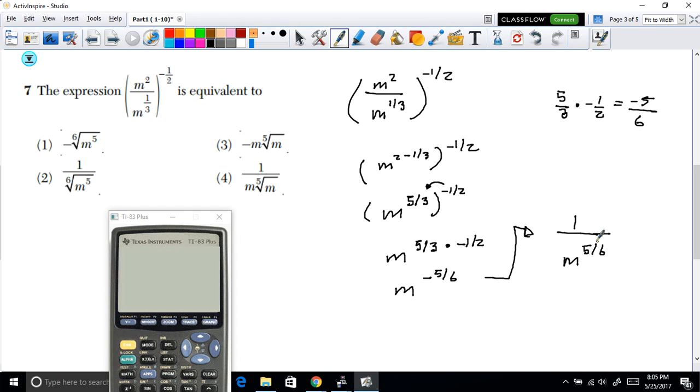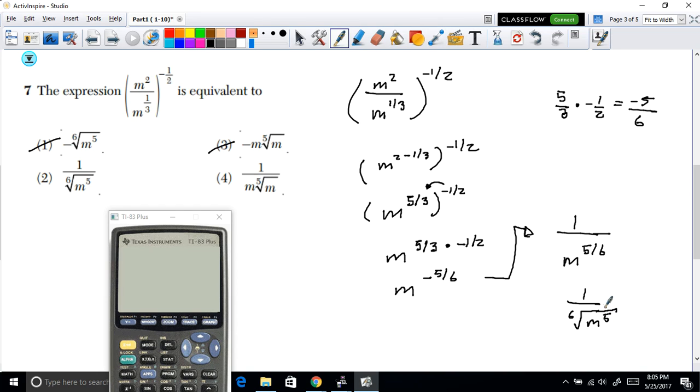None of them have exponents, but at least we can eliminate option 3 and option 1 because it's not over 1. So it's either option 2 and 3. So which one is it? All we got to do is just rewrite it into radical form. So this becomes 1 over. Now, again, when you rewrite in radical form, the denominator is your root. So we're going to have a 6th root. And we're going to have m to the 5th inside.